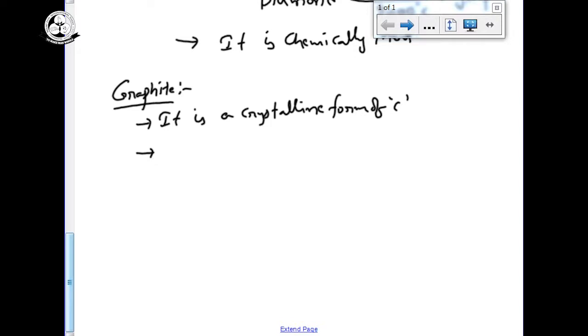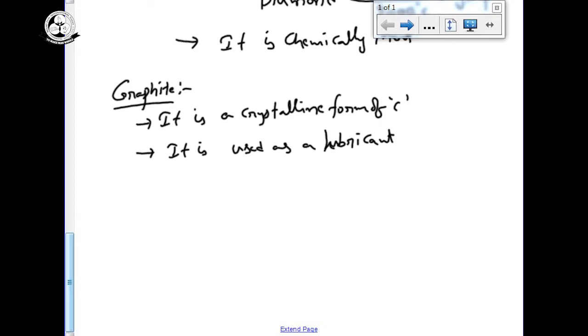Graphite is used as a lubricant. Why is it used as a lubricant? See the structure of graphite.